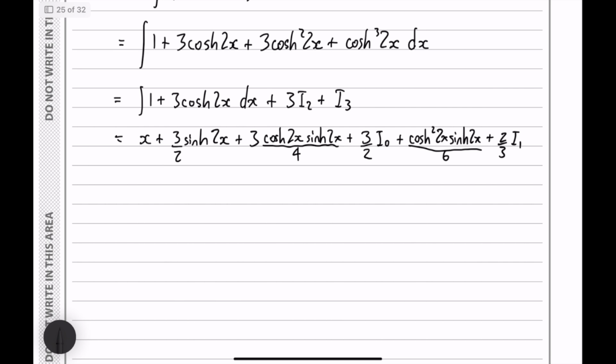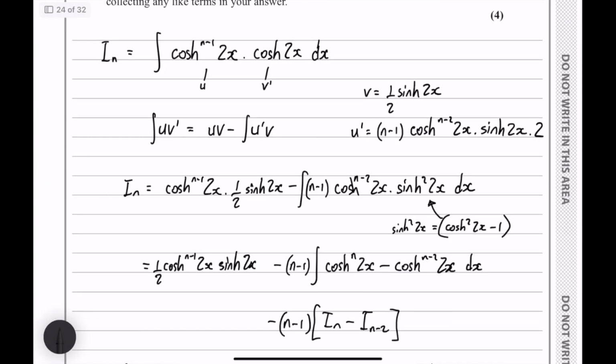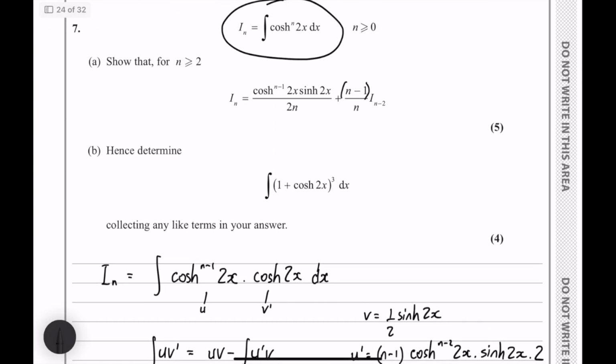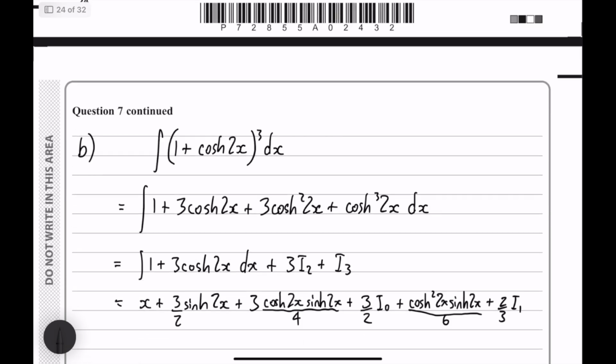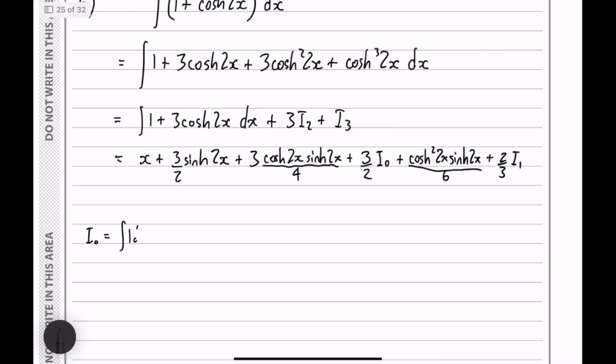Okay, now we need I0 and I1. I0 is just the integral of this thing with n equals 0. That's just 1. The integral of 1 dx is just x, and I1 is the integral of cosh 2x dx, which is a half sinh 2x.